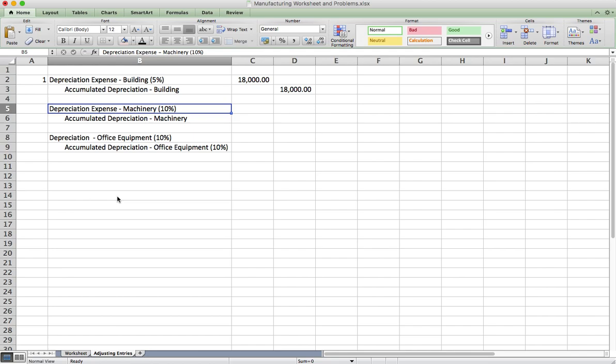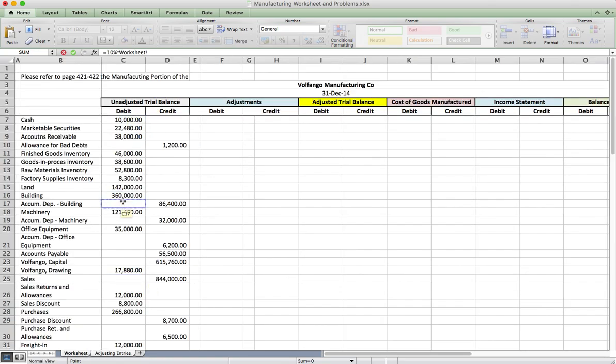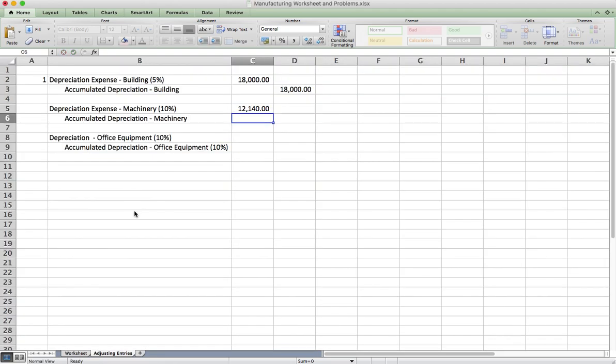So this might be part of the factory overhead. Magkano ba yung cost? 10% daw ng machinery. So, 12,140 dahil 121,400 yun. And then, how about, okay, office equipment.